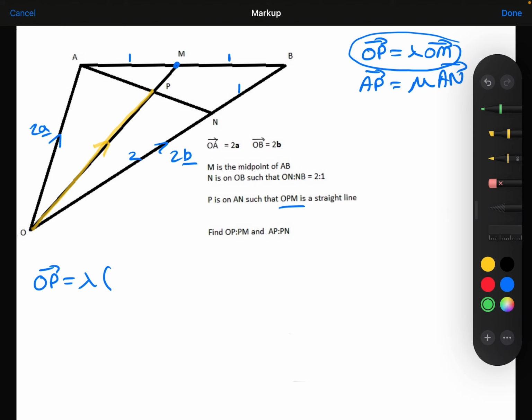The O to M is from here to here. So let me do a bit of rough working out for that.